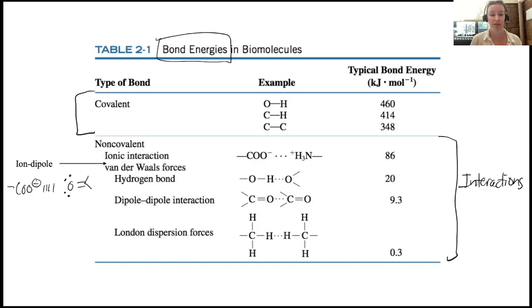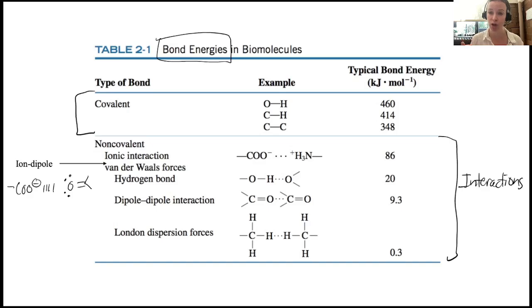Now what about the rest of these van der Waals forces? So we have the hydrogen bond, of course, and you should already know from previous courses what makes a hydrogen bond. That's even weaker. Then dipole-dipole, so two things with dipoles interacting. And then finally, London dispersion forces, where we have the interaction of two usually non-polar things.